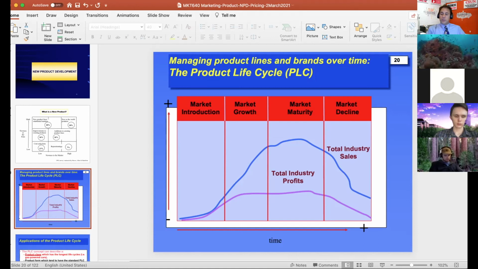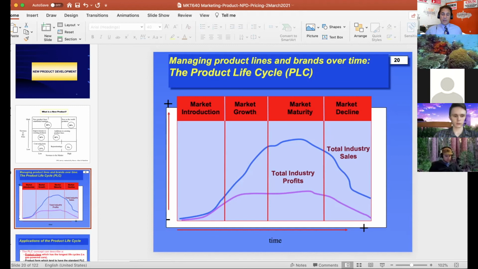So the BCG matrix allows you to analyze your product portfolio, in which one of those brands or product categories that you have fit in those different positions in terms of how much market share you have and how much growth you have. So this BCG matrix can then be represented also in the PLC, the product life cycle. So your product goes into introduction, growth, maturity, and decline.